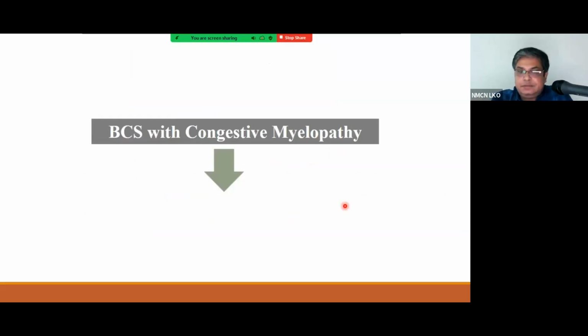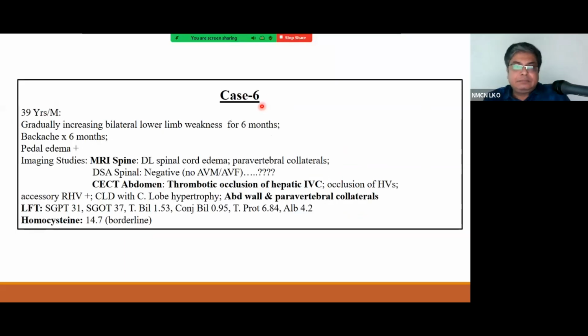Coming to this third group of patients, that is BCS with congestive myelopathy. These patients presented exclusively with neurological symptoms in the neurology OPD, so it is a totally separate class. A 39-year-old female patient had gradually increasing bilateral lower limb weakness for 6 months, backache for 6 months, and pedal edema. MRI spine was done, and spinal cord edema was noted with paravertebral collaterals.